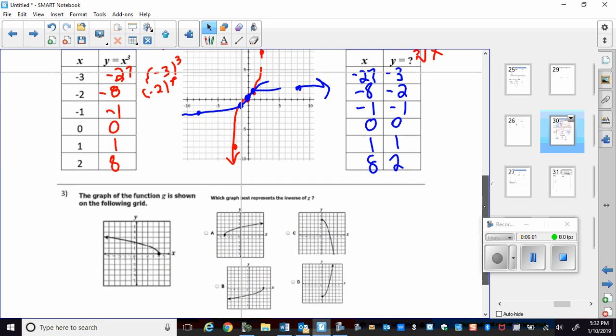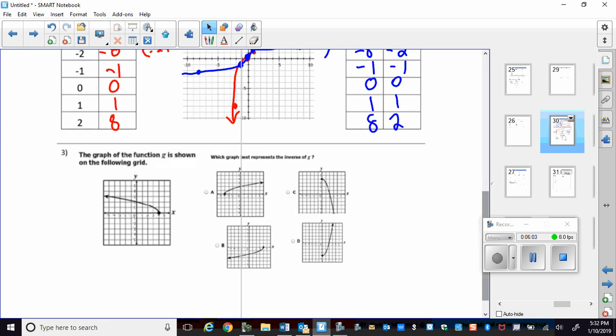Then down below, number 3, the graph of the function g is shown. So I'm going to pick some good points here. I have 0, 0, that's 4, 0. And so the inverse would be 0, 4, right? It says the graph of the function g is shown on the grid.